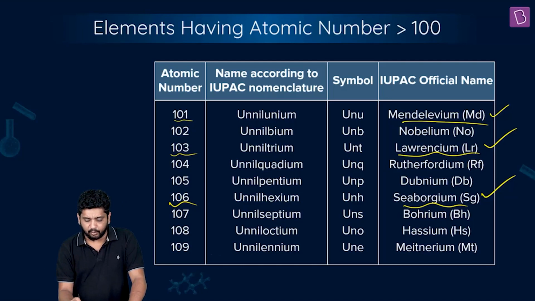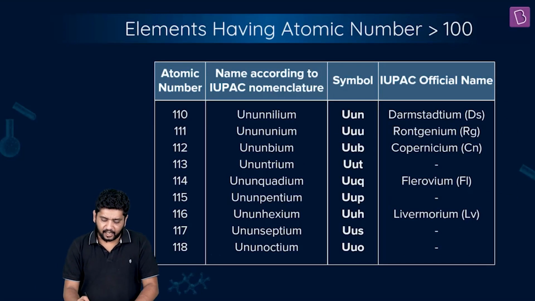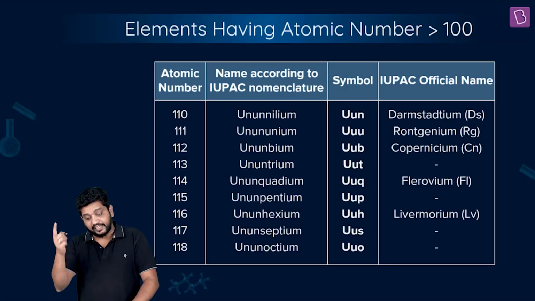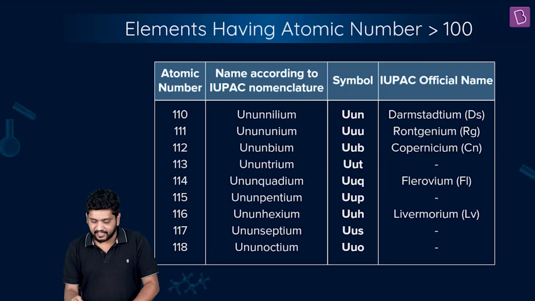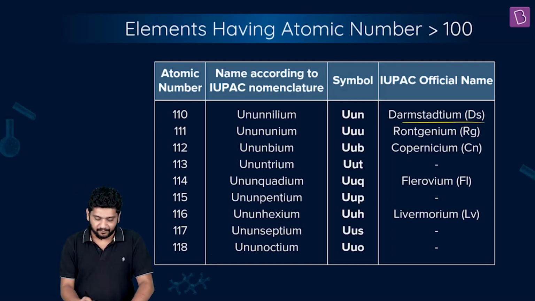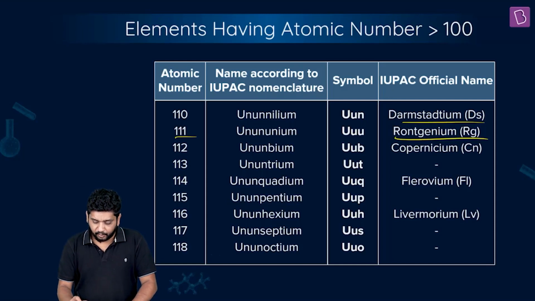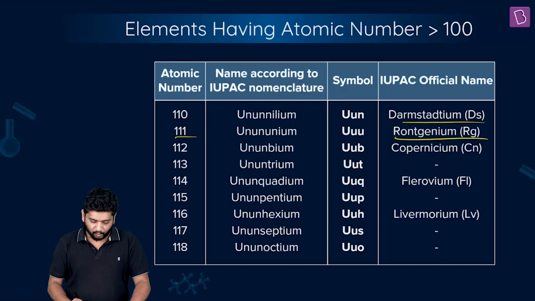Dubnium, seaborgium, bohrium, Bohr, all of these are very famous scientists. So hassium, then meitnerium, and then 110 is darmstadtium, right? We were told that 111 is darmstadtium, but 111 is actually röntgenium. Röntgen, X-ray, right? So röntgenium is your 111, so this is what is wrongly matched.